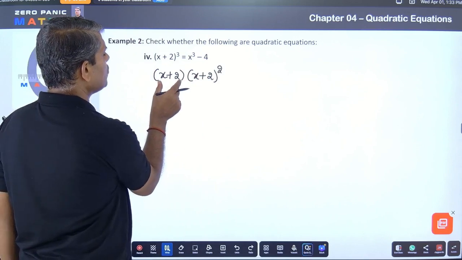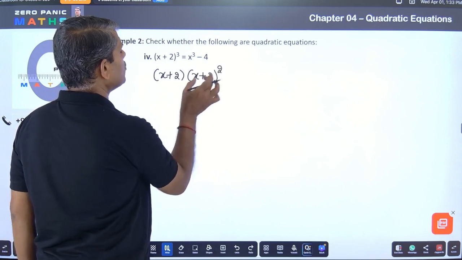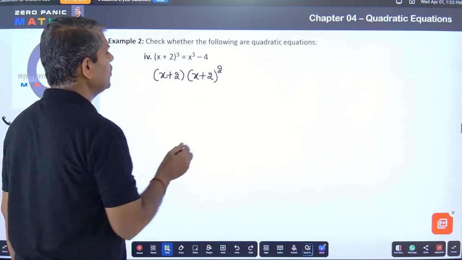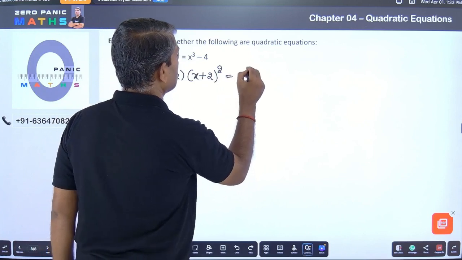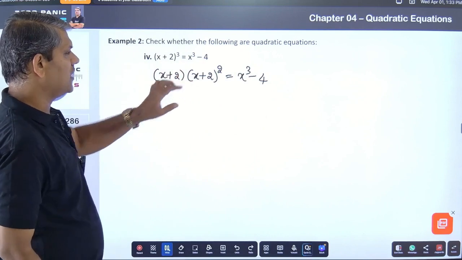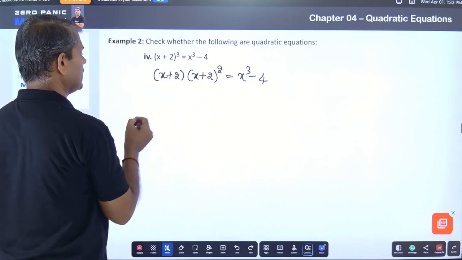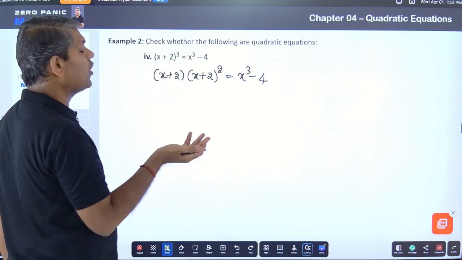See, x plus 2 with power 1 and with power 2 will give me x plus 2 to the power of 3, that is whole cube. I've just split that power, and it is equal to x cube minus 4. Hope you understood this step. Because I know what a plus b whole square is, I have done this, instead of applying the a plus b whole cube formula directly.